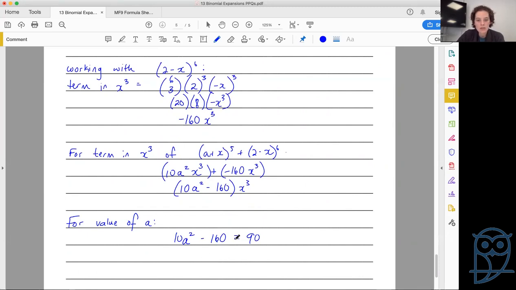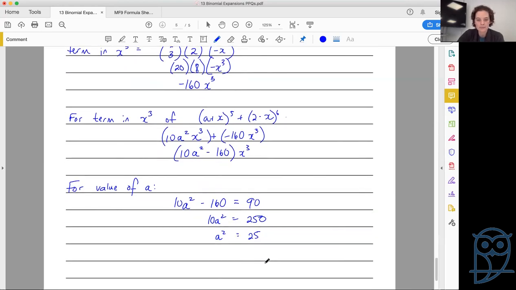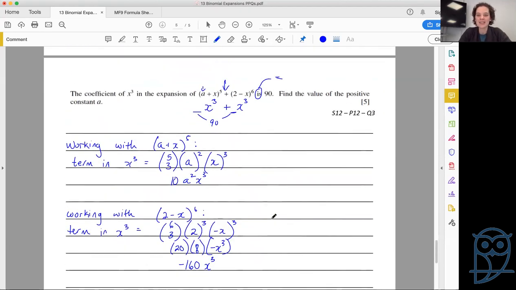So then we bring everybody across: 10a squared equals 250, a squared equals 25, a equals, we are proper mathematicians, plus or minus 5. But remember, check your question.